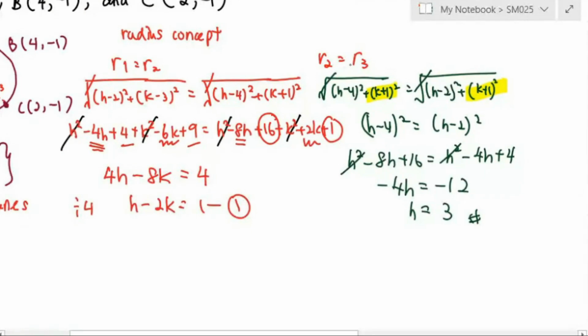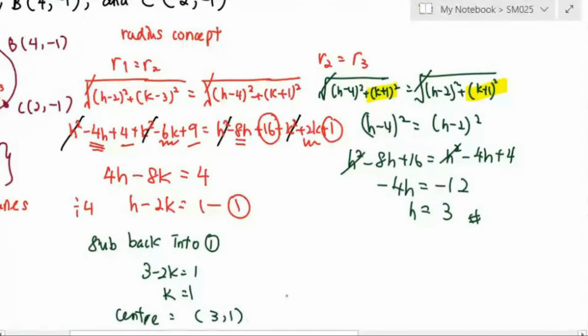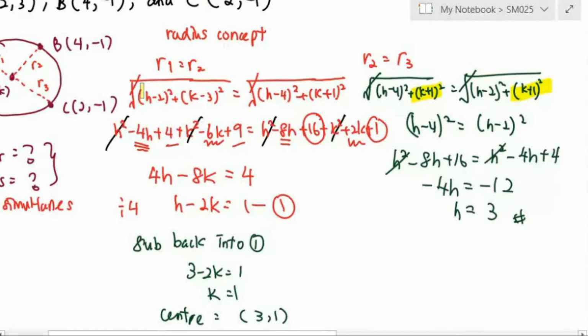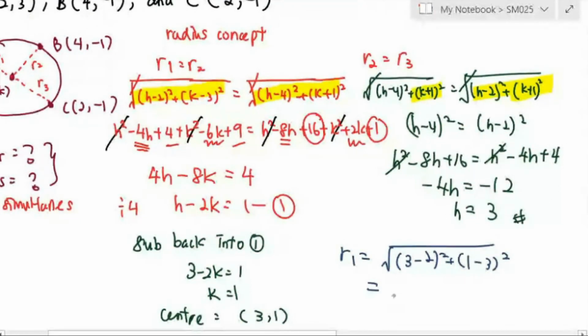Once you get your h, you can substitute it into the first equation to get k. Then h and k become our center. Once we get our center, we have three choices: we can use R1, R2 or R3 to find our radius. So the square root of (3 minus 2) square plus (1 minus 3) square gives the square root of 5.